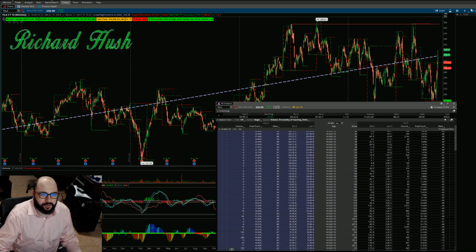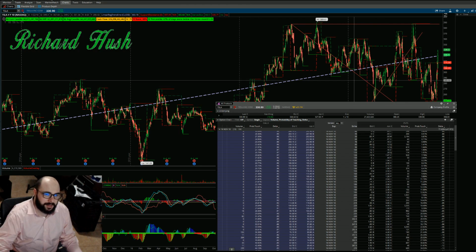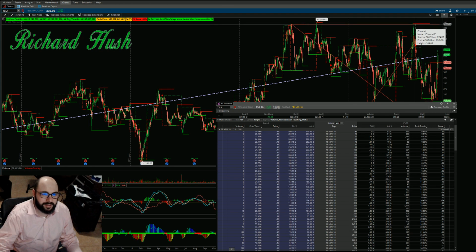The overall trend here on Tesla was to the downside for a while, right? So the overall trend on Tesla was to the downside for a while until you have more Elon tweets, which brings it back up to the top of the trend.